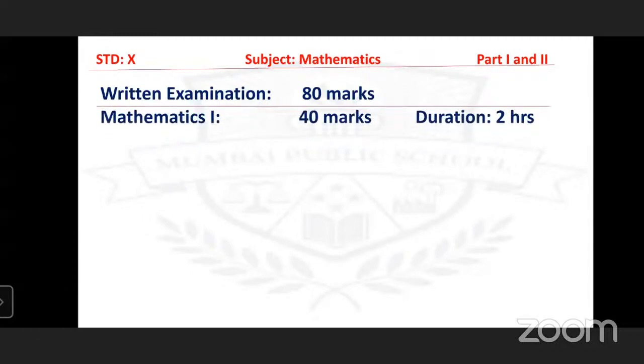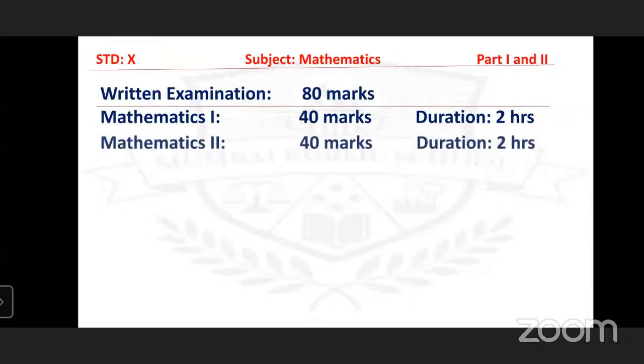It is divided into two parts, written examination and internal evaluation. Written examination is of 80 marks. That means part 1 is of 40 marks and part 2 is of 40 marks, 40 plus 40 is equal to 80 marks. For mathematics part 1, 40 marks, the time duration is 2 hours.